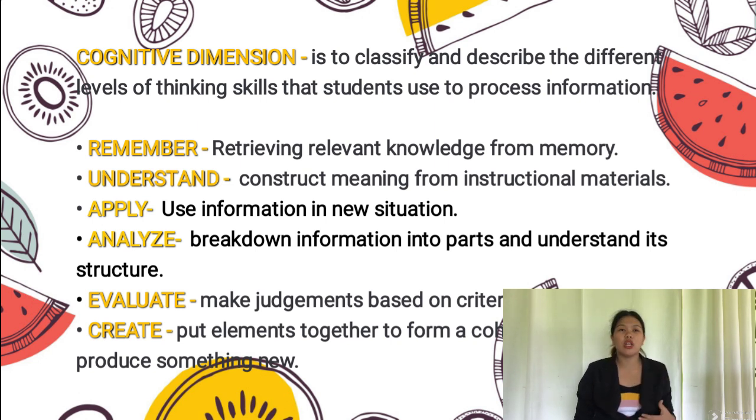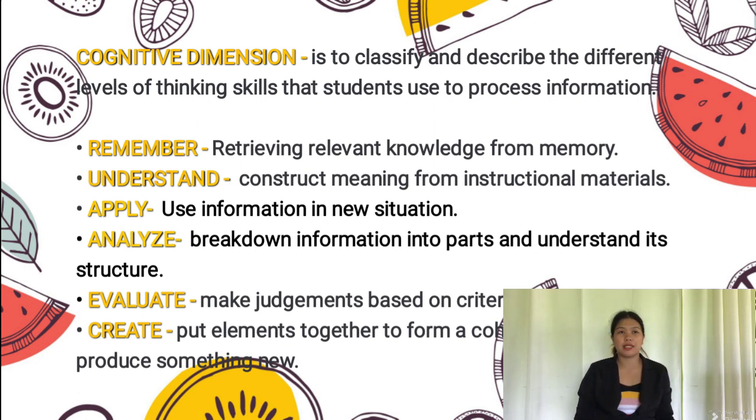So the students will analyze what they applied in the new situation or the new structure they made. The fifth level is evaluate. It makes judgments based on criteria and standards. Now, they will make judgments on their own analysis.